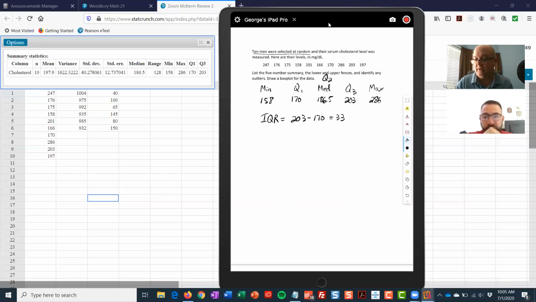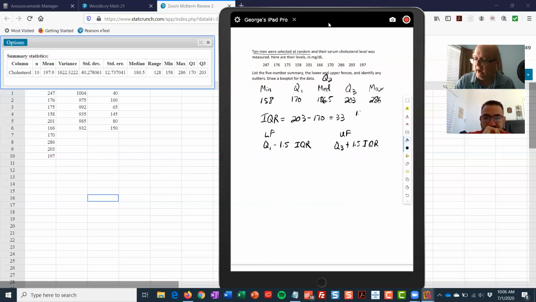The formulas for the fences: the lower fence is Q1 minus 1.5 IQR. For the upper fence, it's Q3 plus 1.5 IQR. And when I do these by hand, since 1.5 IQR is in both calculations, I think it's easier to figure that part out first and then write down that result.